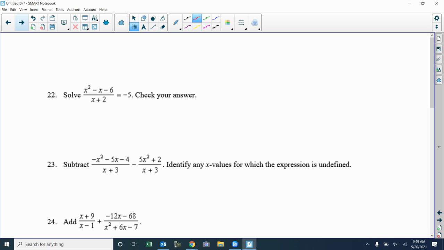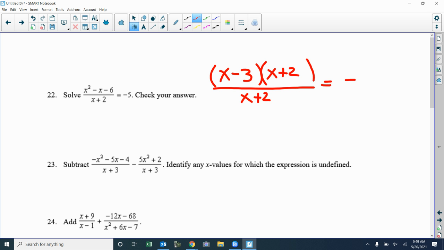All right, 22, we are going to factor that top part. So we have x squared minus x minus 6, so that's going to factor to x minus 3 and x plus 2. We're all over x plus 2, and we're still equal to -5.